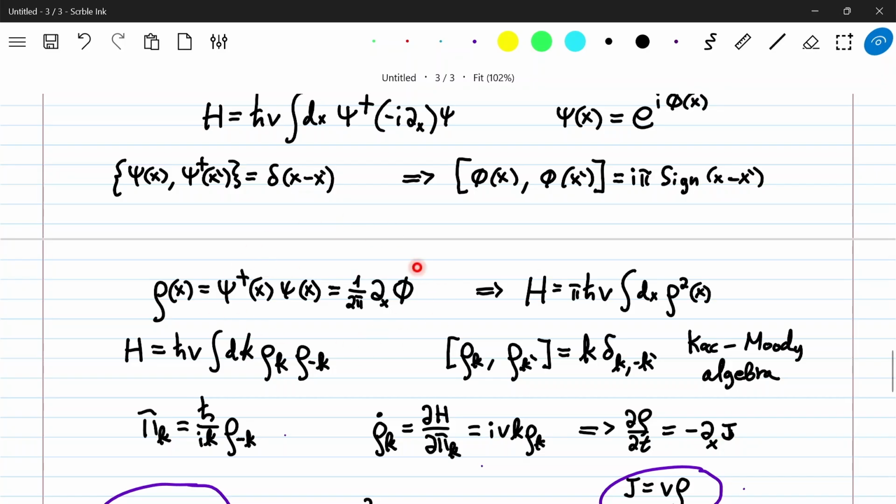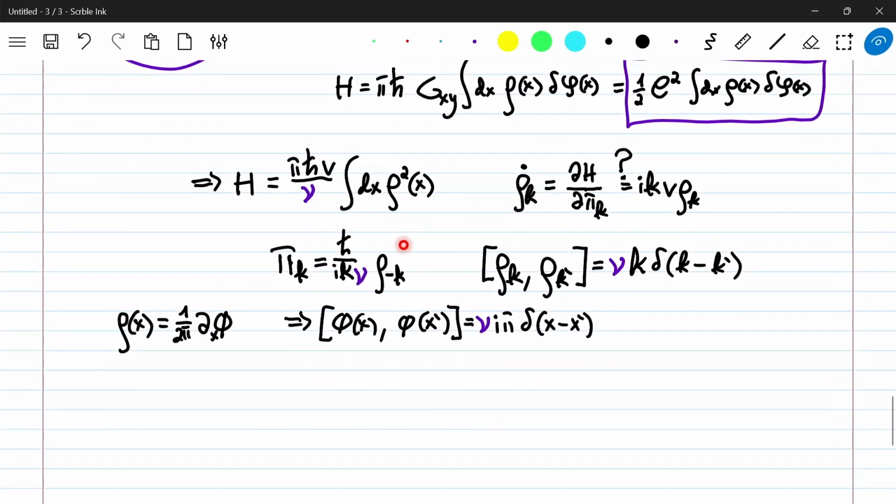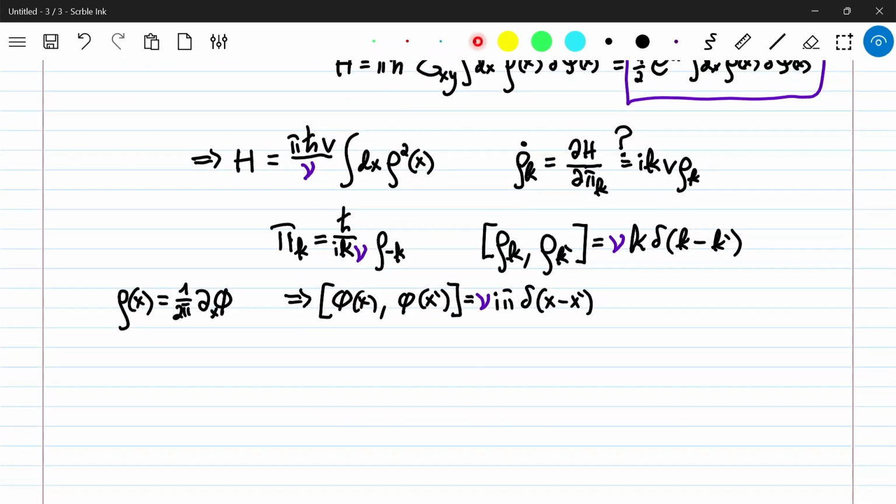So I have to redefine the relation between psi and phi, so that this relation will still hold. And the way to do it is to write psi as e to the i phi over nu. I divide by a factor nu.